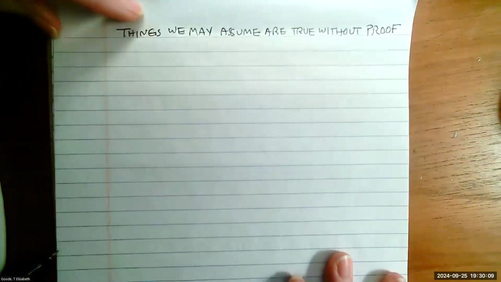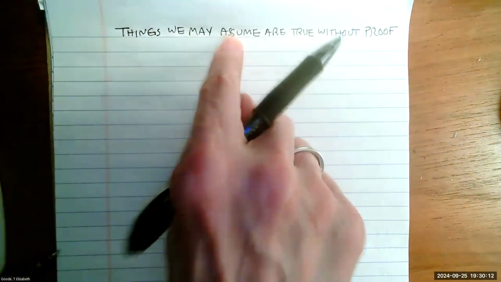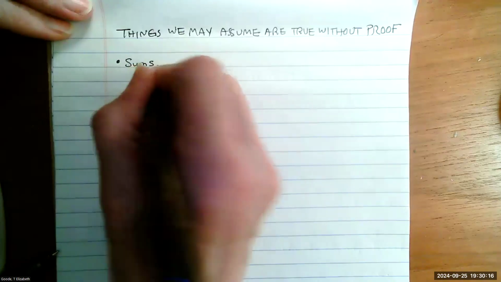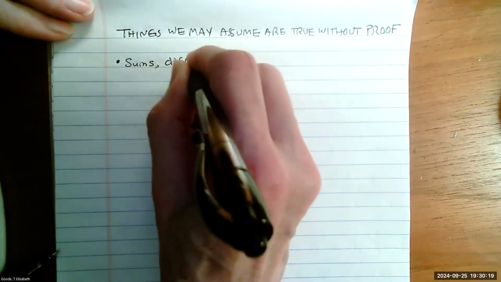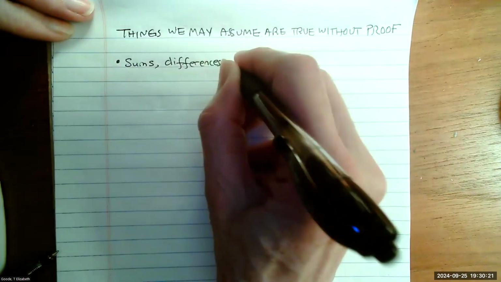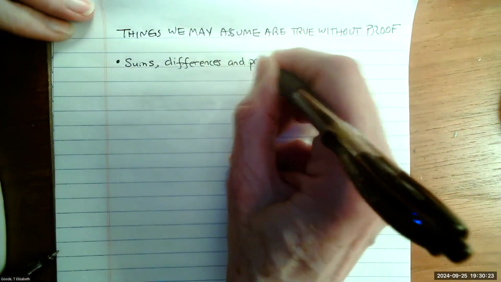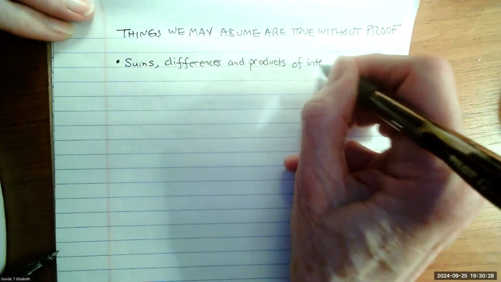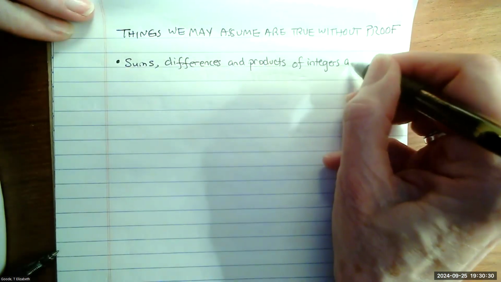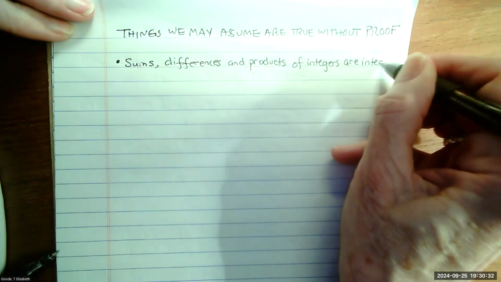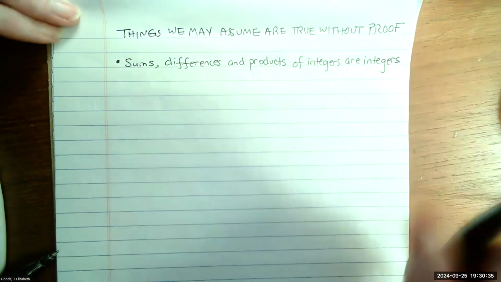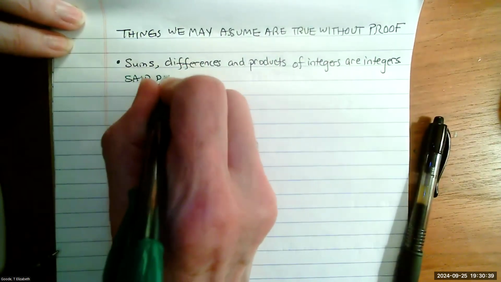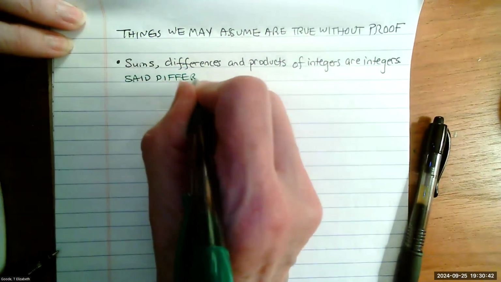The first thing is this idea that sums, differences, and products of integers are integers. But we can say it differently. We can use this phrase closure.